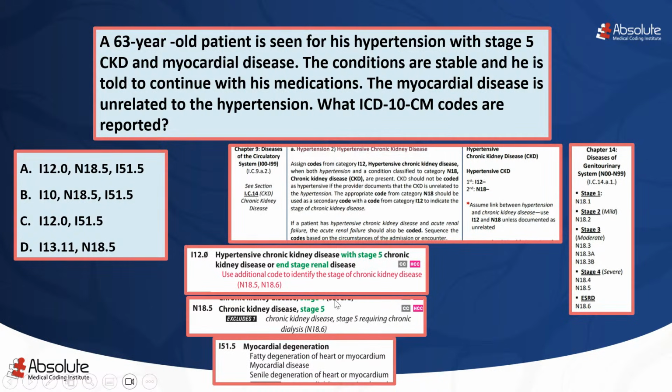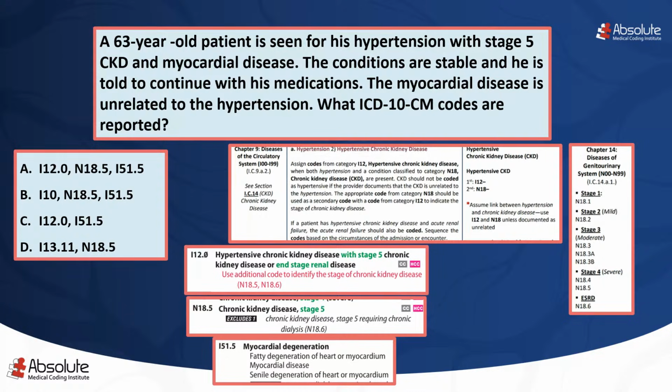All right. And then because it says that the myocardial disease is unrelated to the hypertension, it's not on here, but you can also use the same guideline that we used in the last scenario, that if it states that the two are unrelated, you have to code them separately.